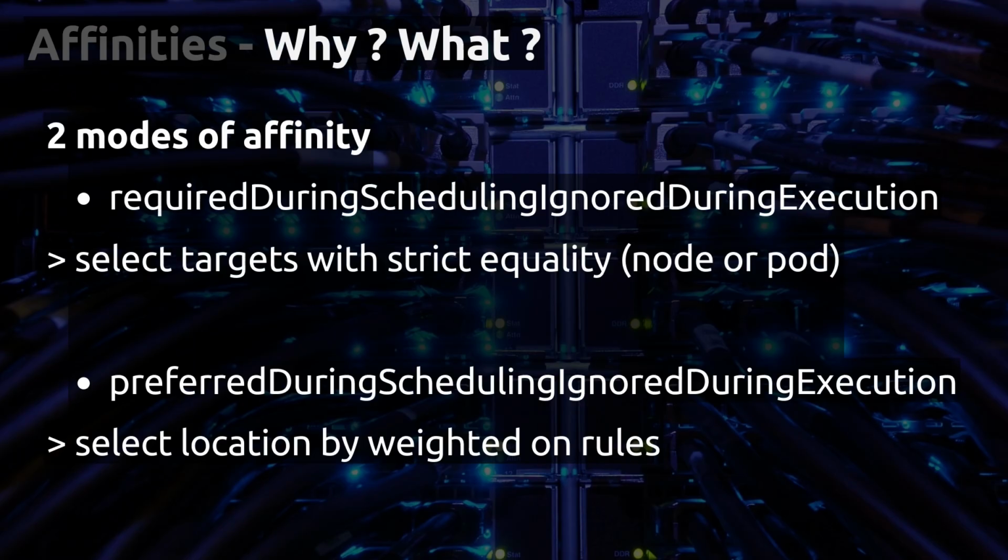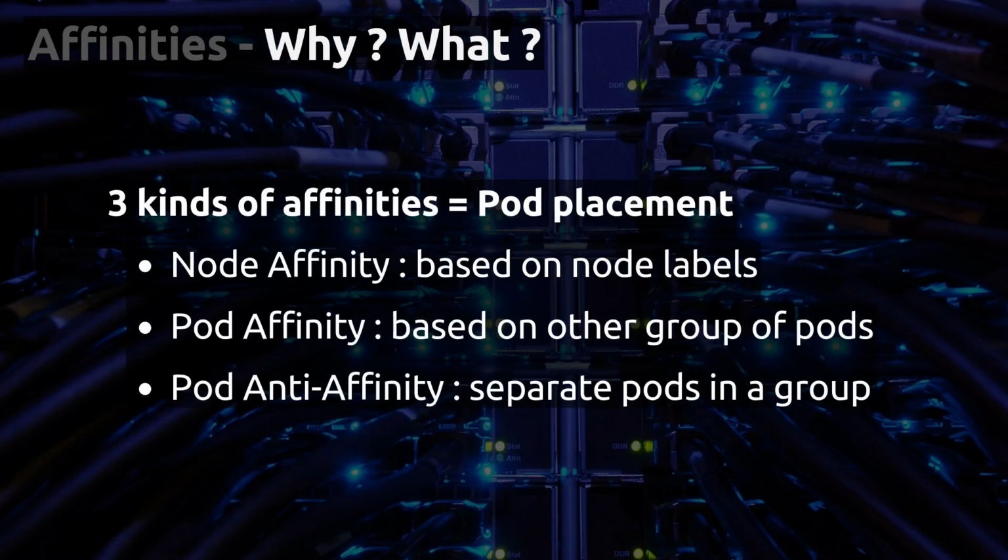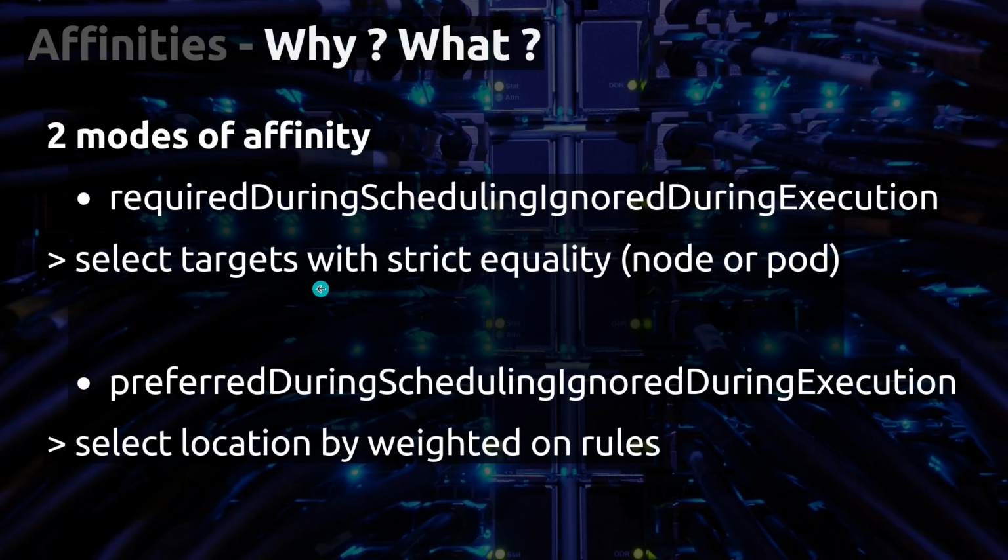So, some details inside each kind of affinity. In each kind of affinity, with node affinity, pod affinity, and anti-affinity, we have two kinds of scheduling: required during scheduling, ignored during execution, or preferred during scheduling. The first one is required, which means that if you select it, you have a strict equality, so your condition needs to be satisfied to deploy your pod.